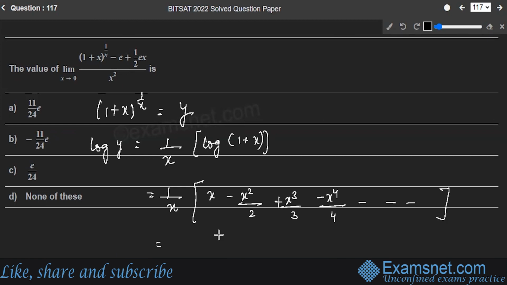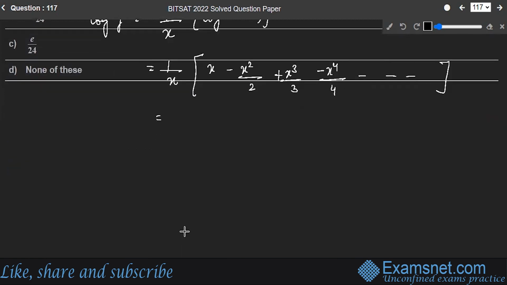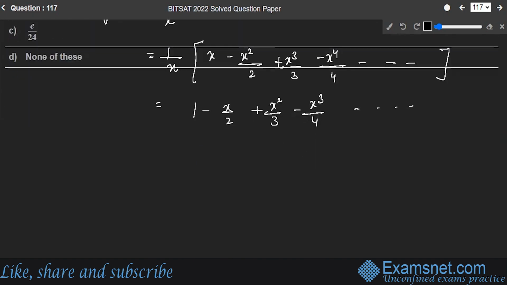So this is equal to, I'm opening the bracket, this will be 1 minus x by 2, x squared by 3 minus x cube by 4, so on. And see, here you have, that was equal to log y. Right.